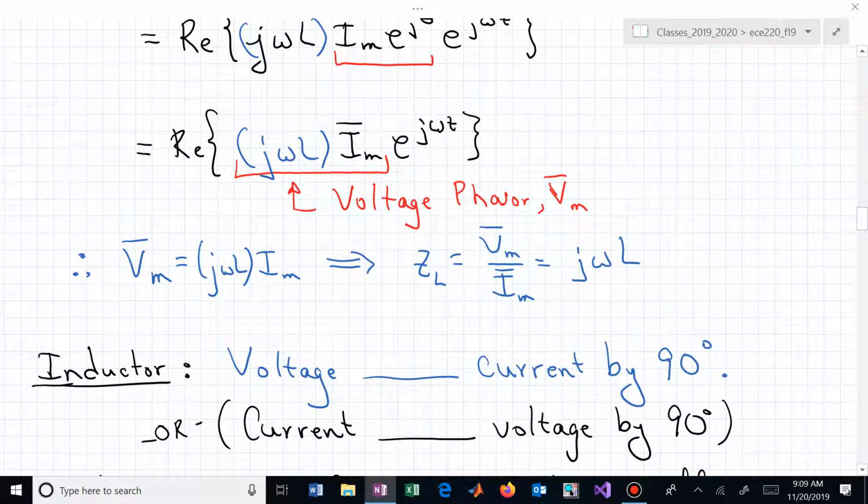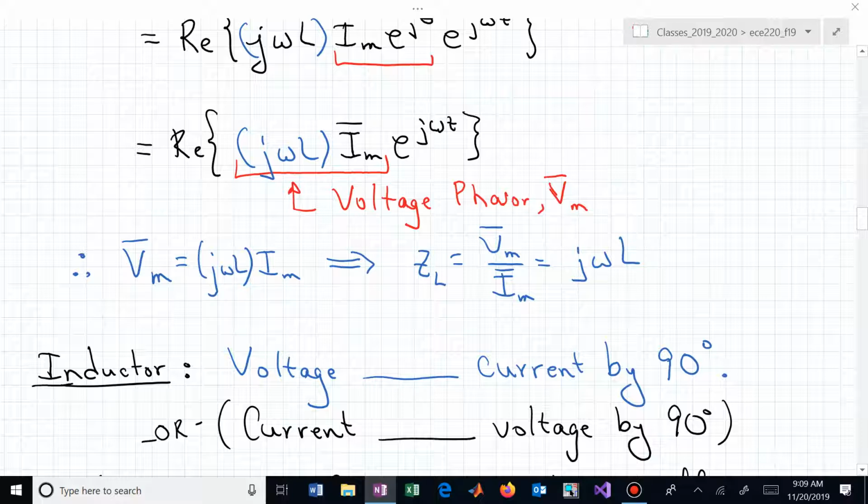Now these next two statements, which are equivalent, I want you to inform me which word goes in the blank, leading or lagging, or leads and lags, based on this current voltage relationship of our inductor in the frequency domain.